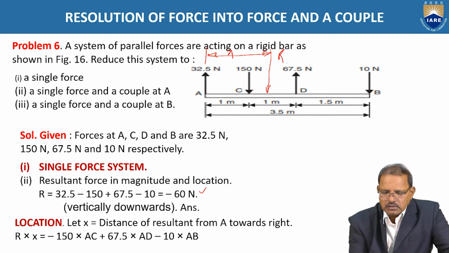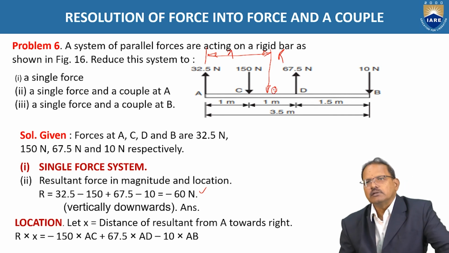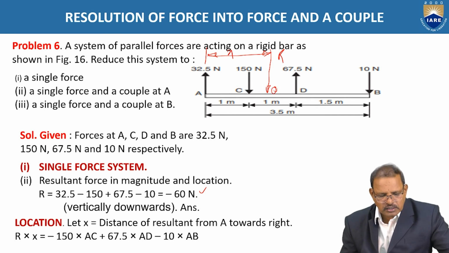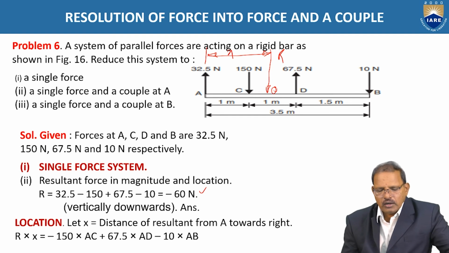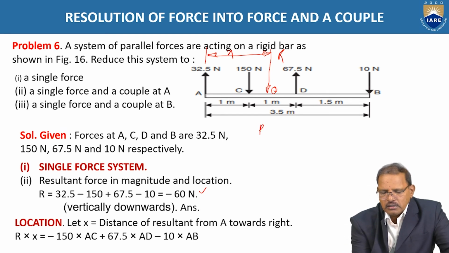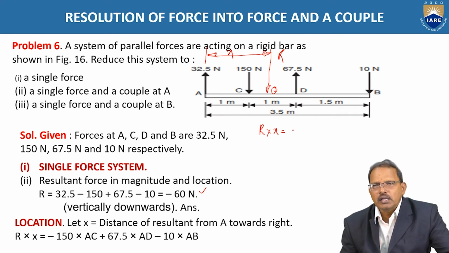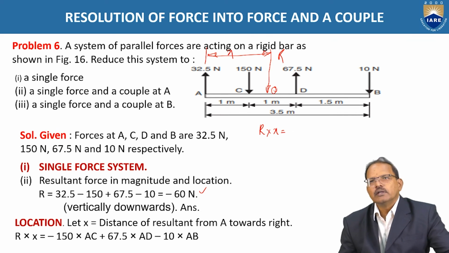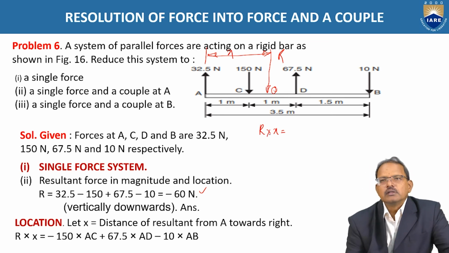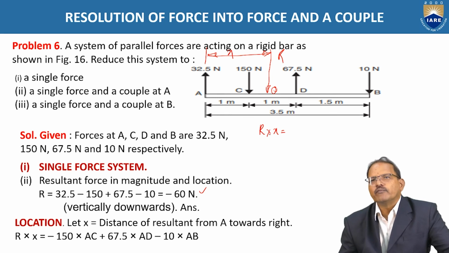Let O be the point where the resultant force is acting, at a distance of x from point A. Now, R into x, the moment created by the resultant force at point A, should be equal to the sum of the moments created by the forces acting at points A, C, D and B.